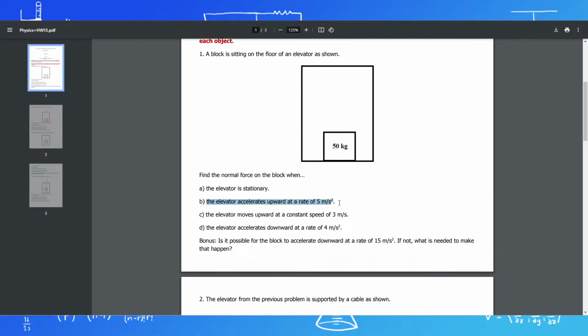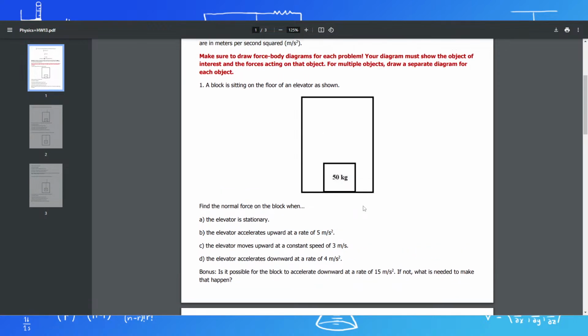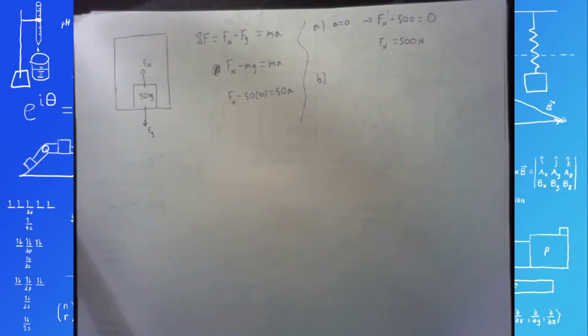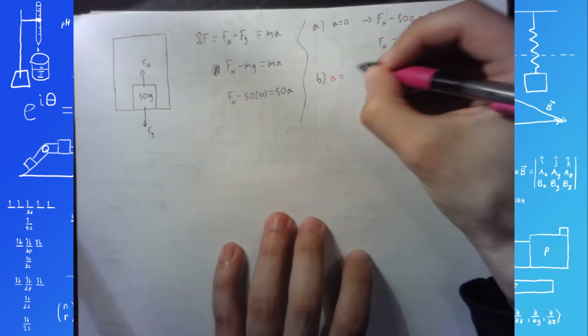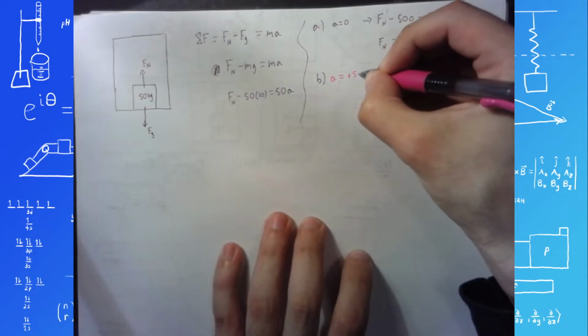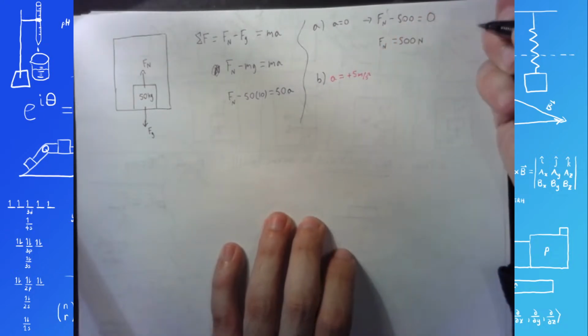Scenario B, the elevator accelerates upward at a rate of 5 meters per second squared. So I said up was positive for this problem, so let's use positive 5 for our acceleration. What color do I want to use? Let's use pink. I haven't touched you in a while. So this time acceleration equals positive 5 meters per second squared.